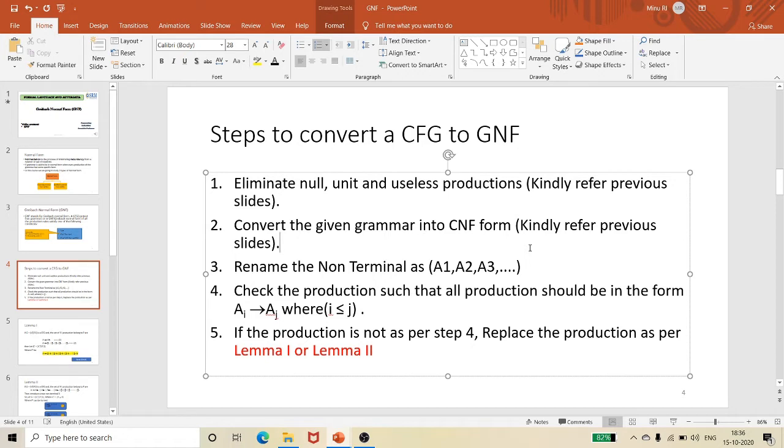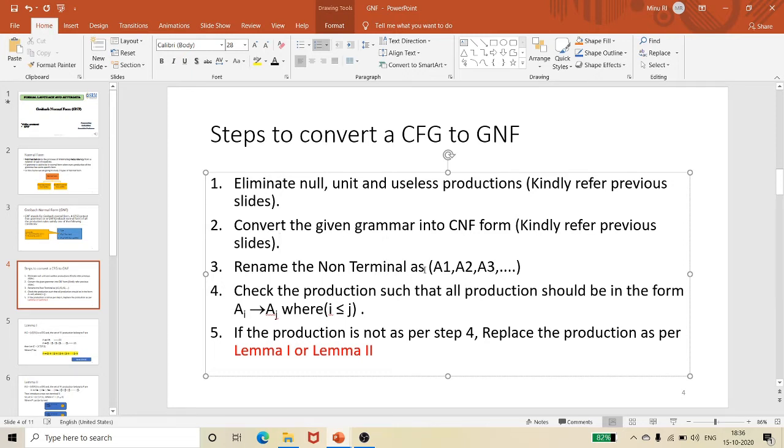After you have converted into CNF, we need to rename all the non-terminals as A1, A2, A3. It could be A1, A2, A3 or B1, B2, B3, it depends upon the user, but the subscripts 1, 2, 3 have to be there.